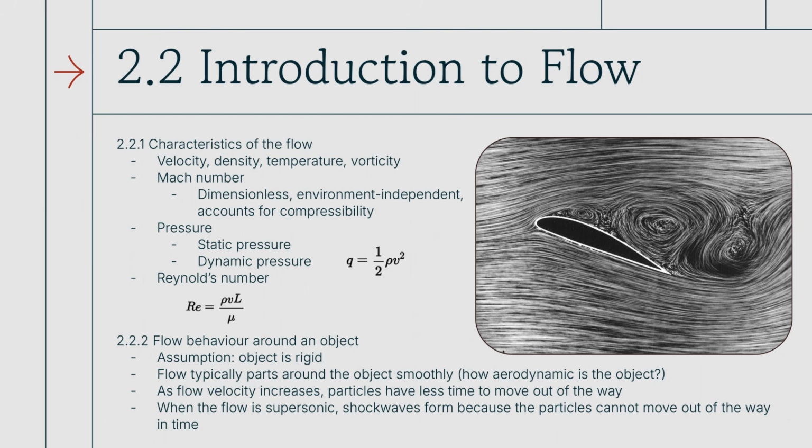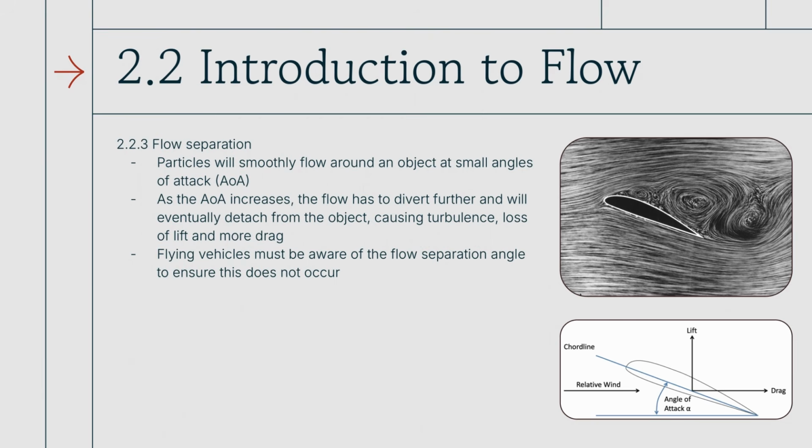And speaking of flow separation, the way the particles smoothly flow around an object is always dependent on small angles of attack. Essentially, angle of attack is the angle at which your object is facing relative to the incoming flow.